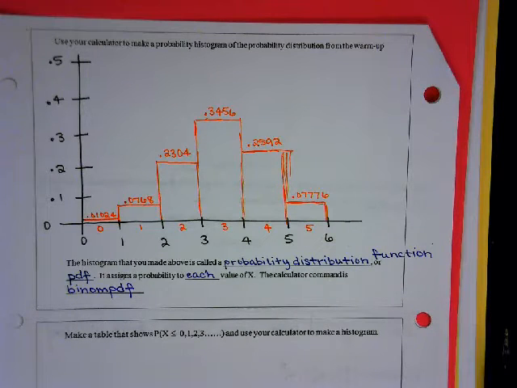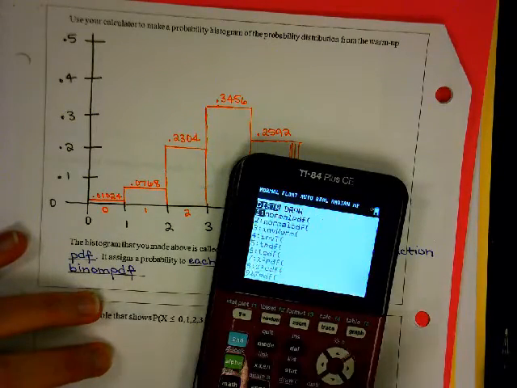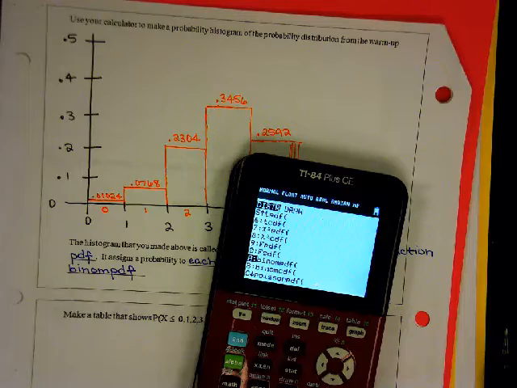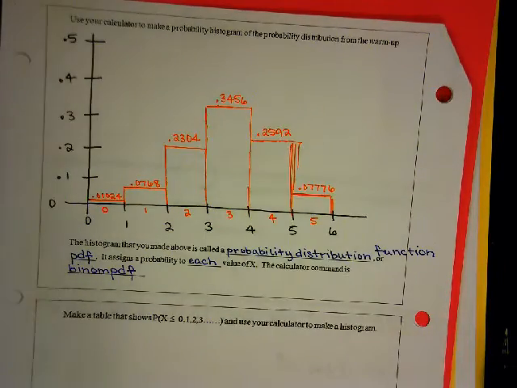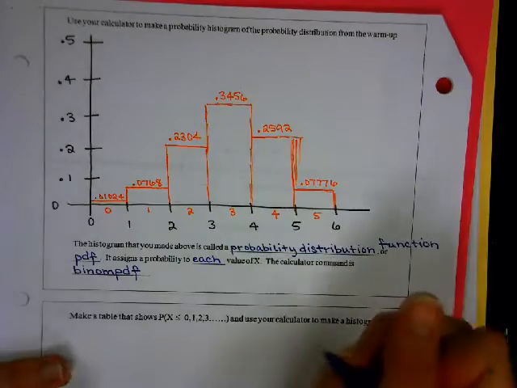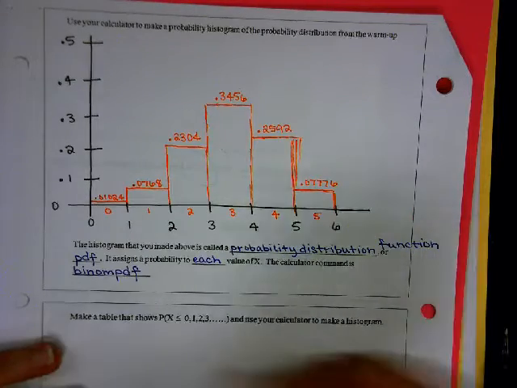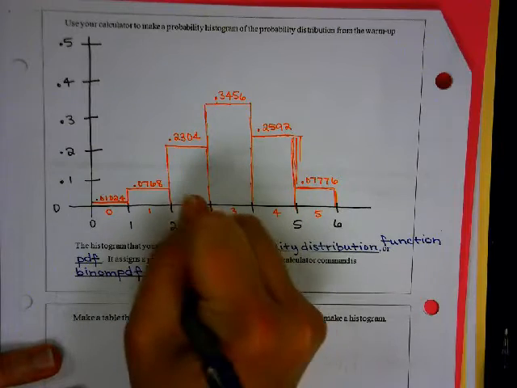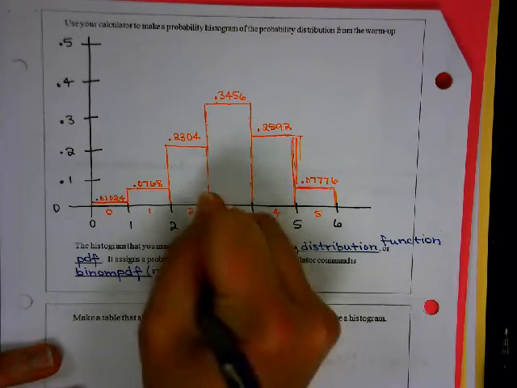Same place as normal CDF. If we hit second bars, you have to go way down in the list, but we'll get there in a minute. There it is, letter A. Newer calculators will prompt for the information at once; older calculators won't. It wants n, the number of trials, p, the probability of success, and then x, the actual x value you're interested in.